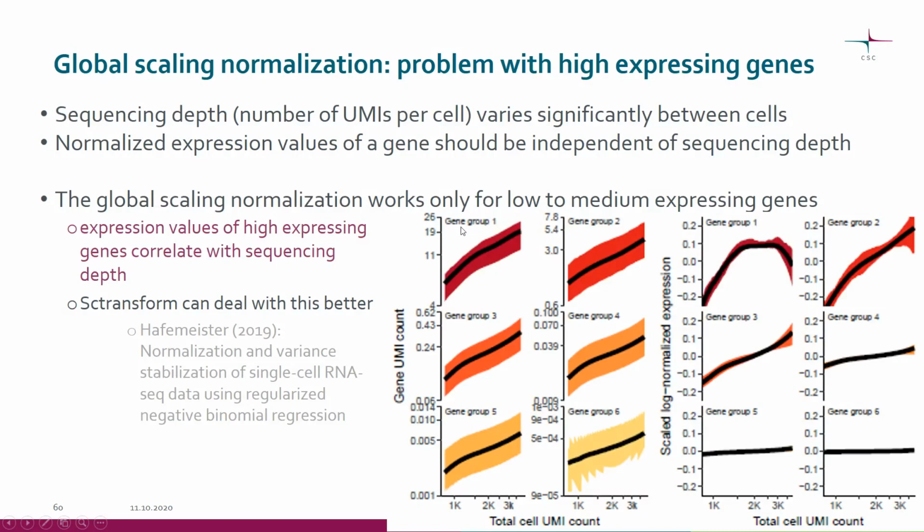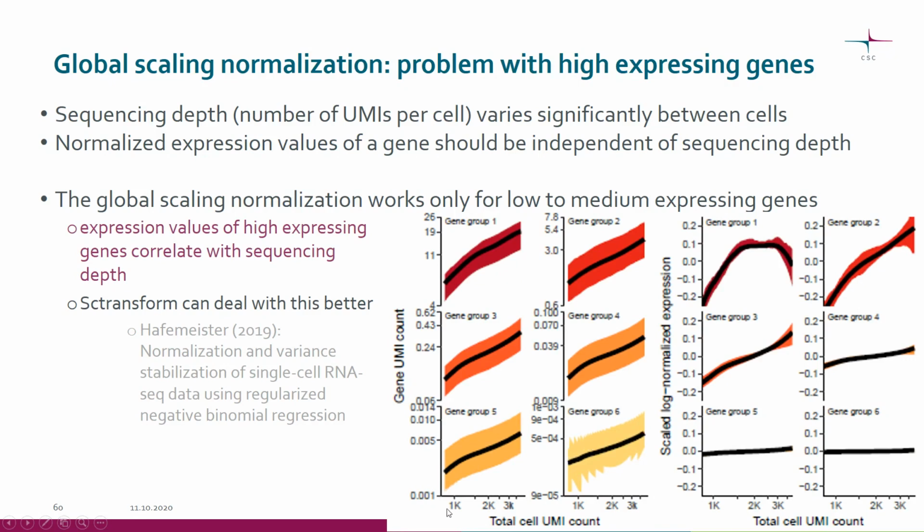So here we have a screenshot of a paper, actually. And what we have here is basically genes have been divided into 6 different groups based on their expression level. So the very highly expressing genes are here in group 1, which is marked by this dark brown color, and the very low expressing ones are here in this group 6 in the light yellow color.